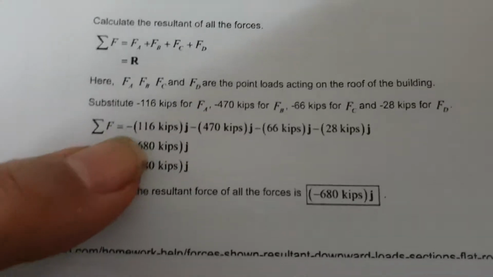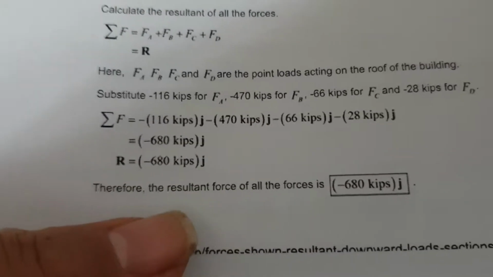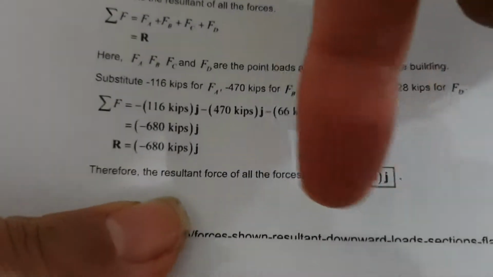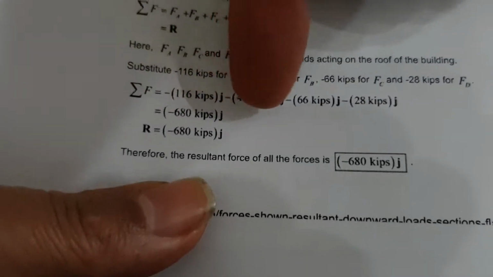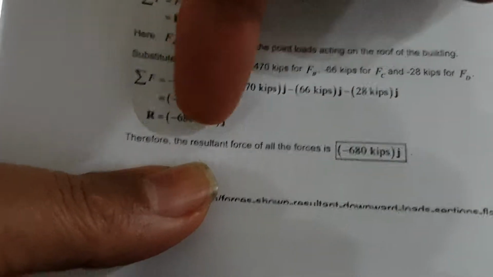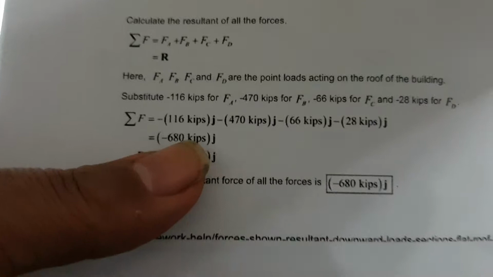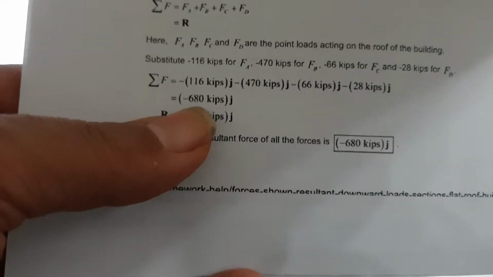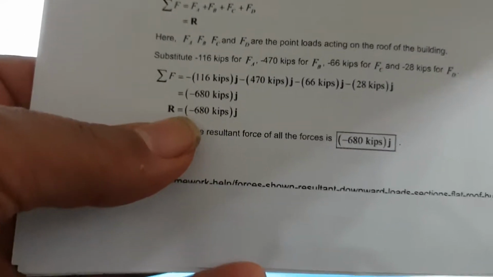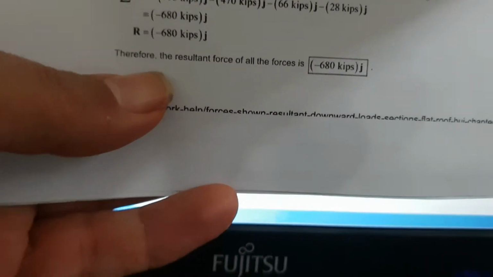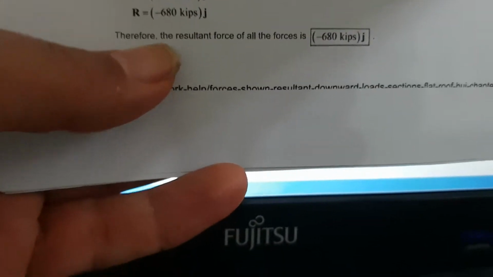Summation of forces, you put them all in the minus because they are all in the y-axis. You just put them all together. You will end up with an answer minus 680 kip J. So this is the resultant. So the resultant force of all the forces is minus 680 kip J.